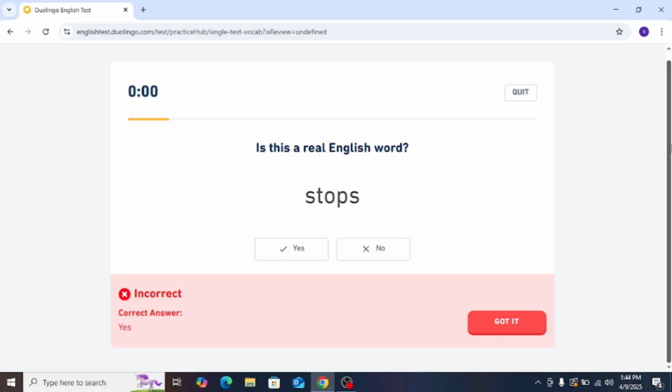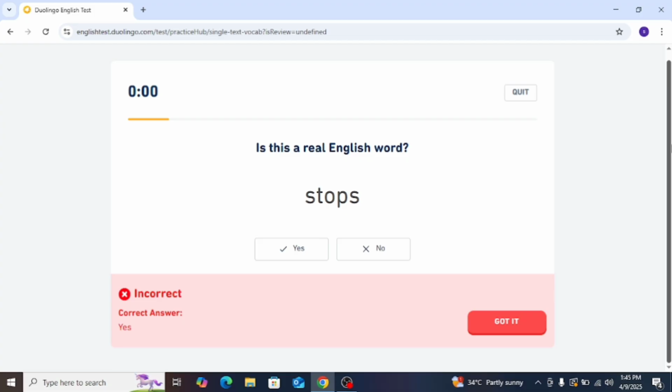If you are going to take the Duolingo English test, before taking the official test, we have to practice these tips. If this is the word Duolingo gives you, first of all we have to read it more than two times. Then, after reading the word, we should watch whether the spelling is correct or not.